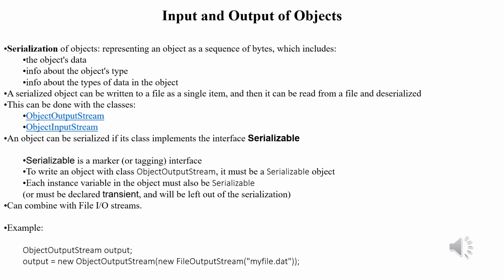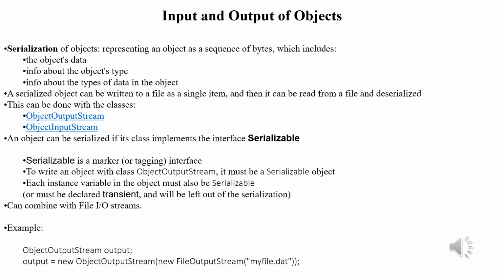A good point about serialized objects is that these types of objects can be written to a file as a single item, and then it can be read from a file and deserialized.